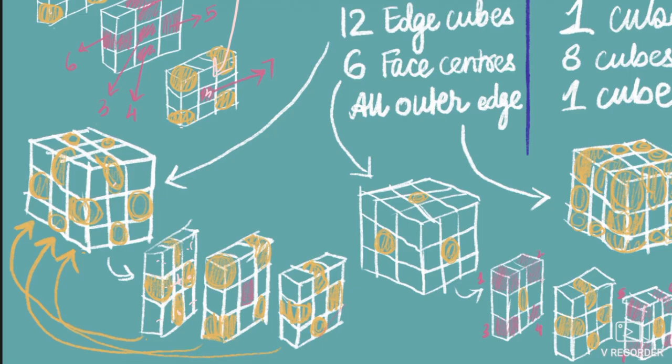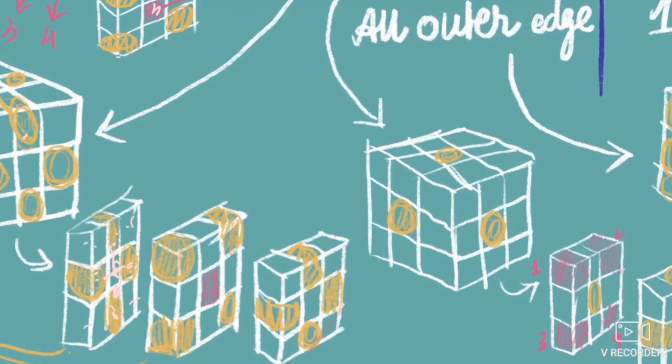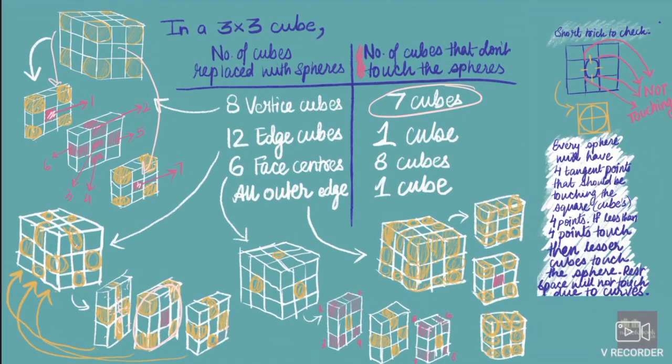Okay, it's touching over here also, here also, here also, here also. तो इस पे तो 4 के 4 spheres are touching. Over here, this one in the middle layer, same case as this one becomes, so only one middle cube is untouched. And then in this layer, again this is the same, so in this also no cube is left untouched, so only one cube will be untouched in 12 edge cubes.